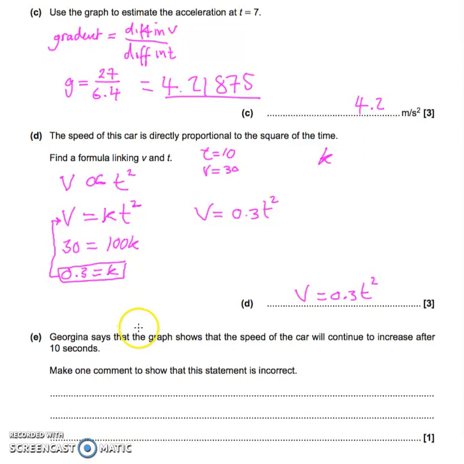I've never seen a car just continually get quicker until something incredible happens. So at some point the car is going to start to level out its speed and then eventually decrease again, because it can't just keep getting faster. So a statement to that effect would be sufficient.